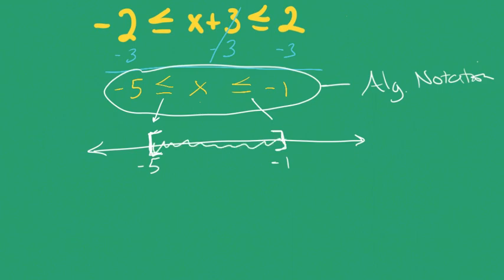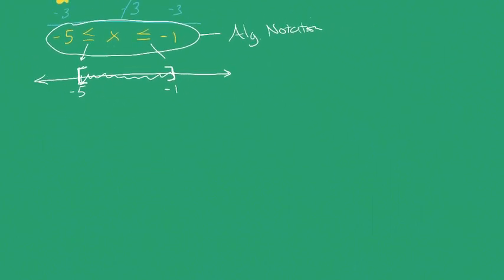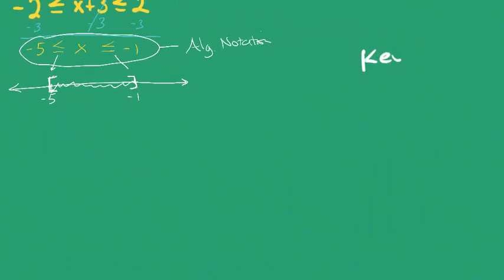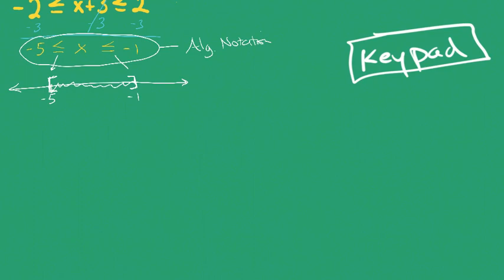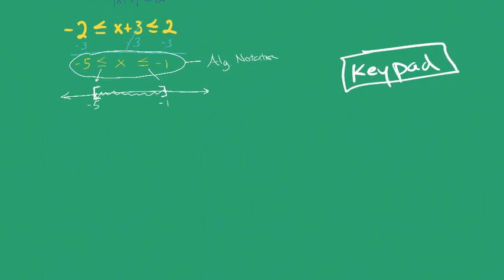By the way, just as a side note, in your keypad, when you're in the software, you've got a little button that says keypad. You'll press on that, and it'll give you some options, some of which would be a pair of parentheses, maybe a parenthesis bracket, maybe a bracket parenthesis, and then maybe a bracket bracket.